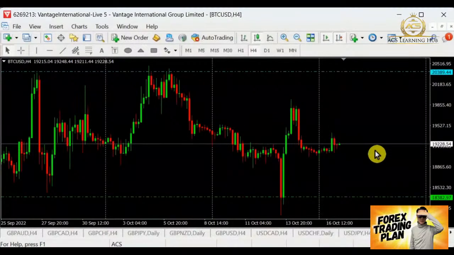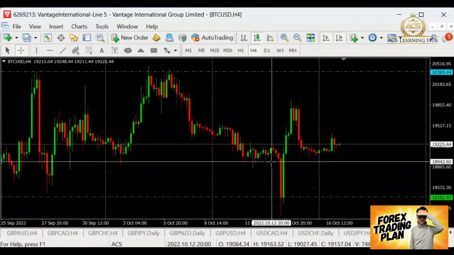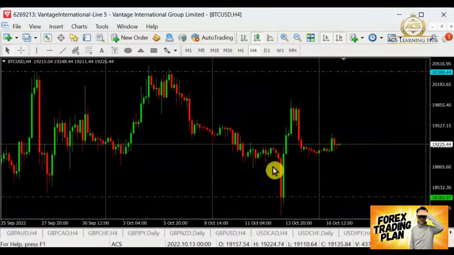Tentatively, I can't tell you what the direction is right now. I think we will need a while. For Bitcoin, if you want to trade within this range, I would say it's still possible. The range should be between 19405 and about 18850, around this area.